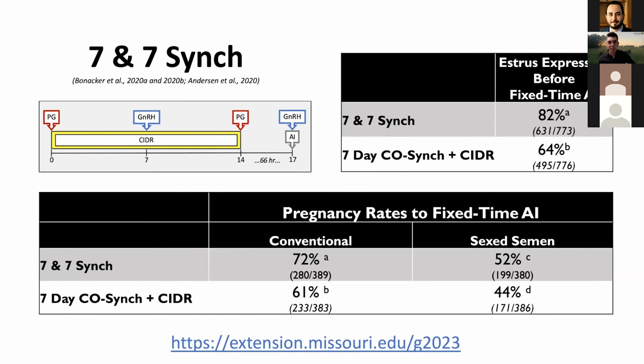But just to touch on that idea of a trade-off, this protocol involves handling animals 3 times prior to the day of fixed time AI. So that's every week for 3 weeks, handling cattle prior to the time of fixed time AI. That leads to some improvements in our data sets, both with fixed time AI, but also with embryo transfer.